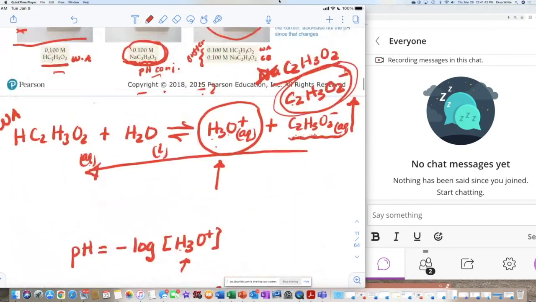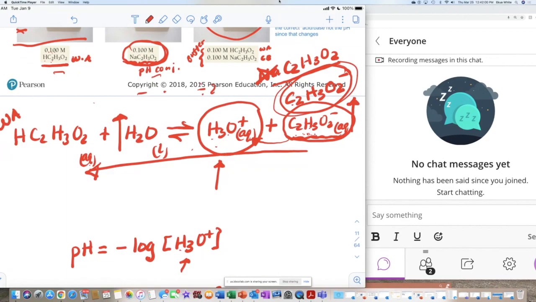When it's shifting left, it just means that the extra amount of C2H3O2 minus, the acid ion that got added, will react with the amount of H3O plus we have present, the hydronium ion, to shift the reaction left.